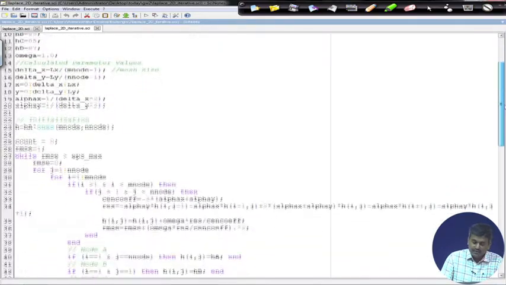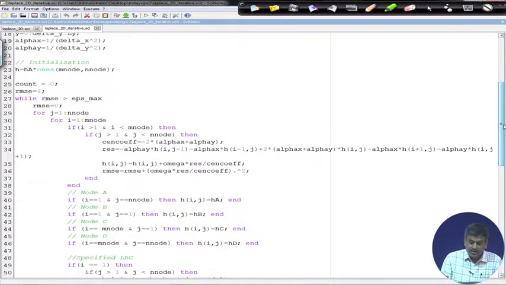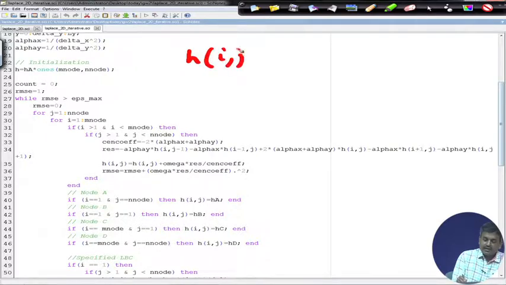Now, in this case, for initialization of our original H, I am not defining any old and new vector or matrix. So, h_ij is the only matrix that I am defining.